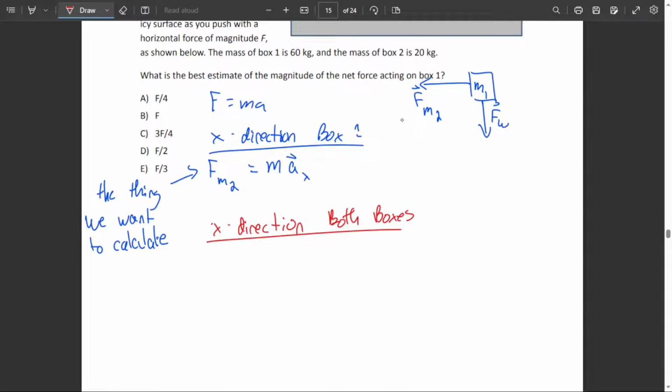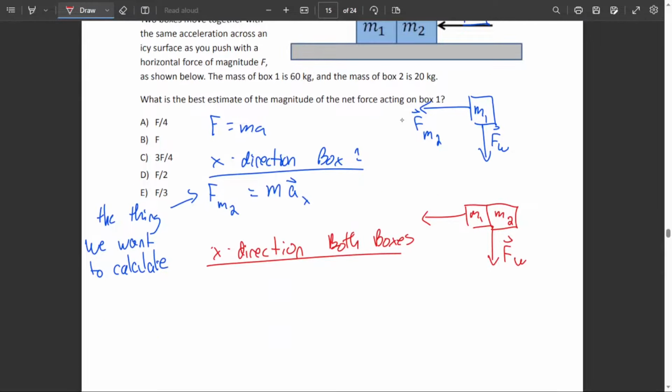So, if we have both boxes, the forces are going to look very similar. We have the weight force, which is not in the x direction, so we don't care about it. And then we have our force in the x direction, which is just our F.